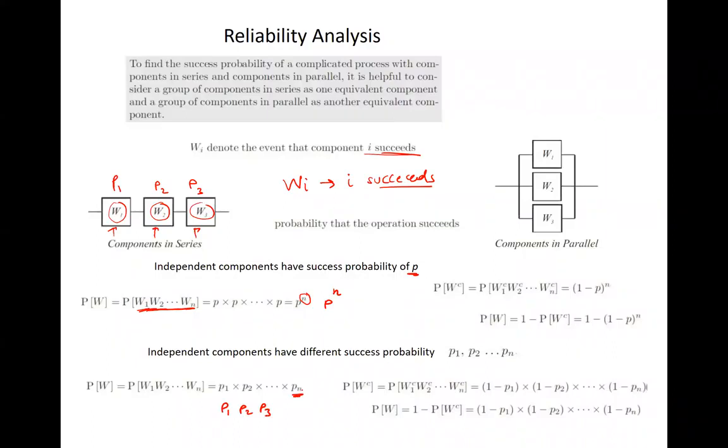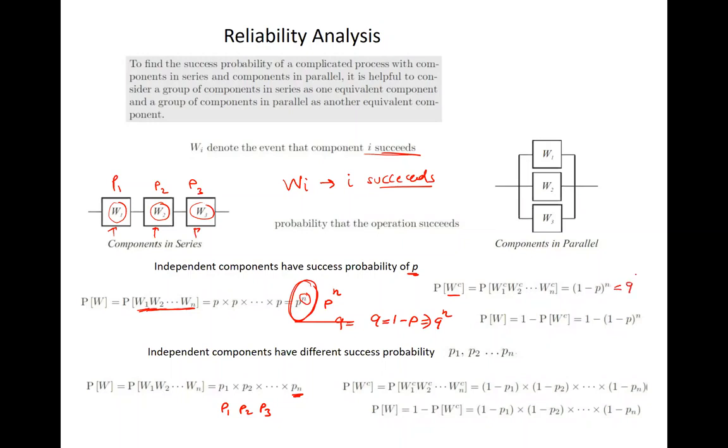What happens if we connect them in parallel? If it is connected in parallel, we can define a probability of failure as the complement of the success, which is going to be the same as this one, except that here we can define Q, probability of failure, as 1 minus P. Then that's going to be simply Q to the power n.